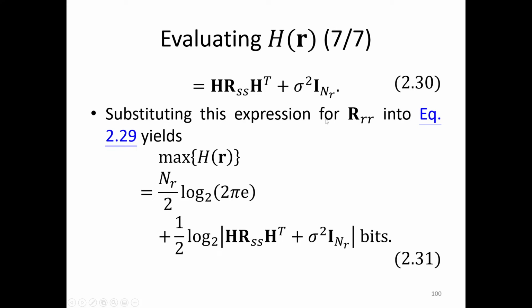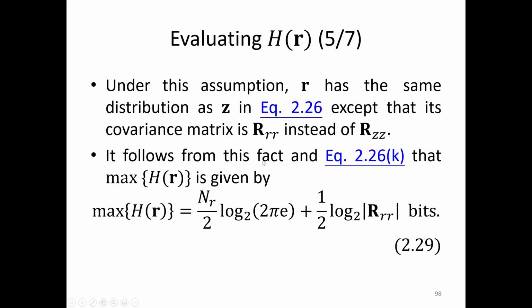Substituting this expression for R_RR into equation 2.29. In equation 2.29, the maximum of H of R, that is the entropy of R, where R is the received signal vector, is equal to NR over 2, where NR is the number of received antennas, times log 2 of 2 pi e plus 1 over 2 times log 2 of the determinant of R_RR bits.